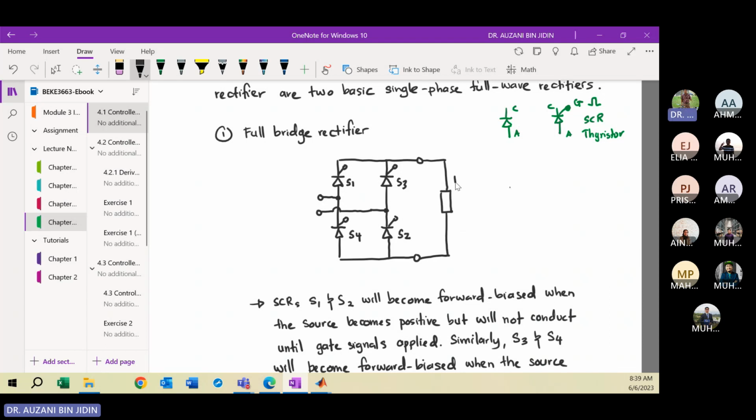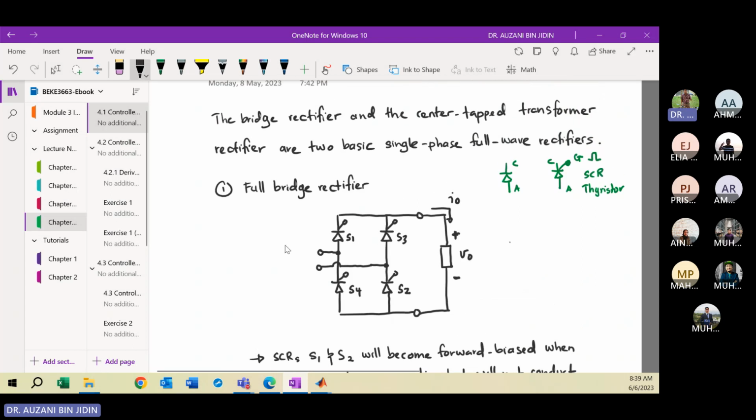The voltage across the load is the output voltage VO, and the current direction must flow from the positive here to the minus here. Remember, the load is a passive element, so the current direction and the voltage must be opposite to each other. So this is the current direction. Since we talk about single phase, your source will consist of a single AC source. So this is a single AC source.